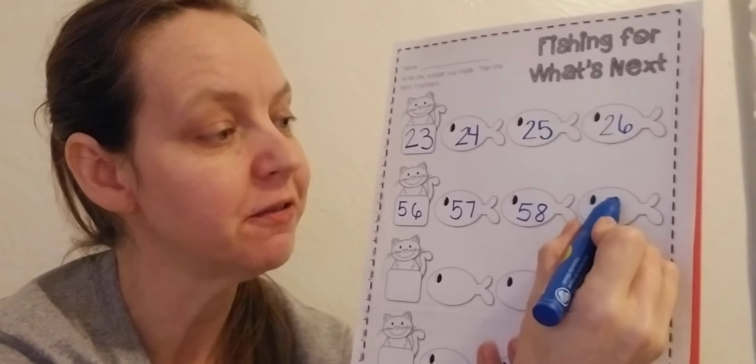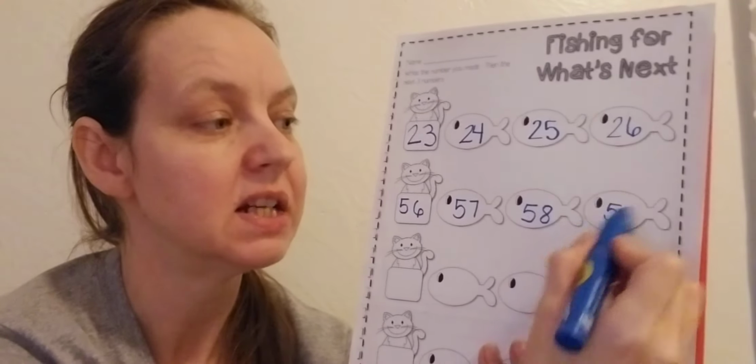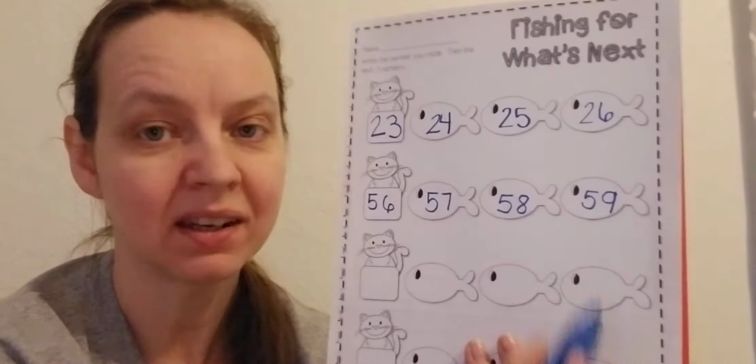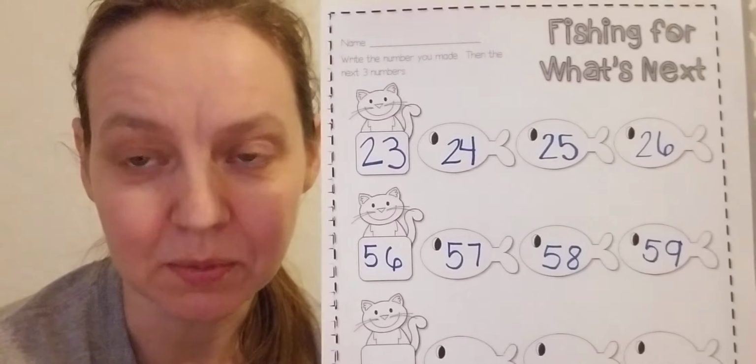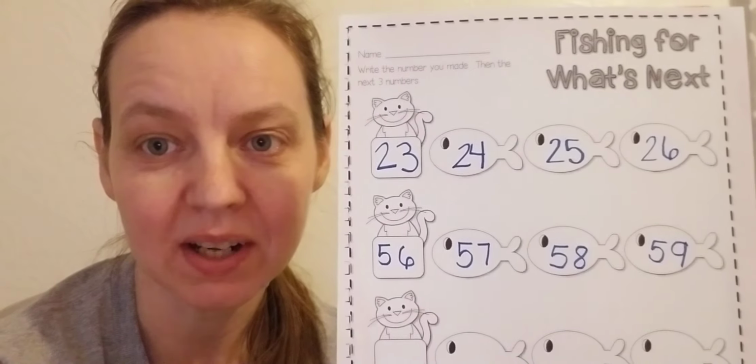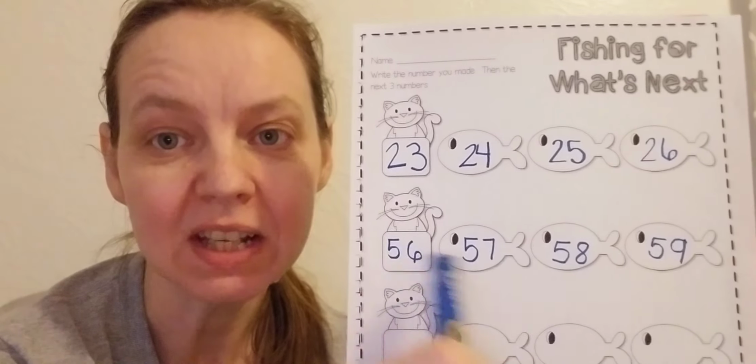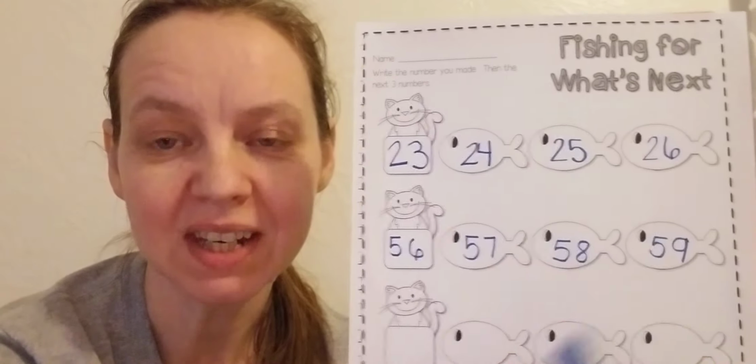When I hear 50, I think 5, 9. I make my 9. All right, check. Make sure that your 5s are pointing in the right direction. Those are some tricky numbers, so make sure they're pointing in the right direction. All right, you got 56, 57, 58, 59.